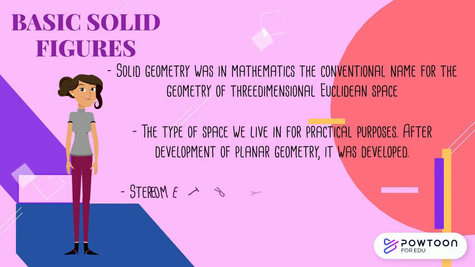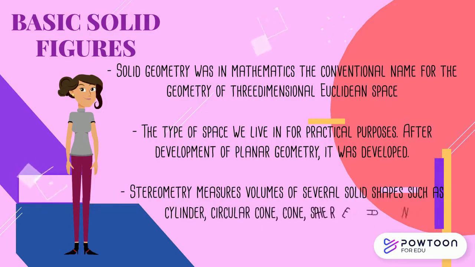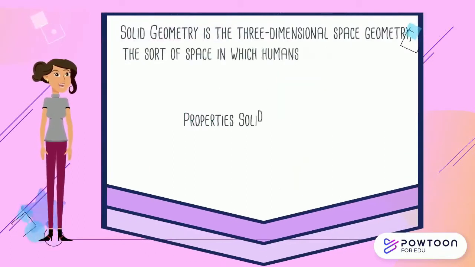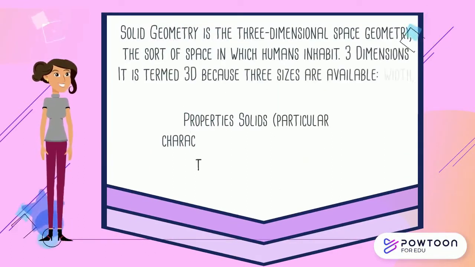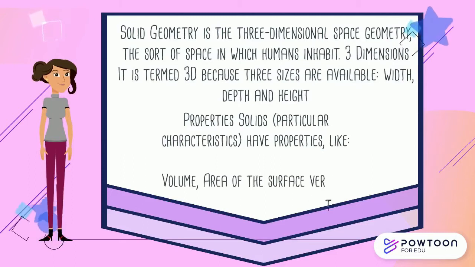Stereometry deals with the measurements of volume of various solid figures, including cylinder, circular cone, truncated cone, sphere, and prism. Then, from solid geometry, there is three-dimensional space geometry, the sort of space we live in. It is called three-dimension or 3D because there are three dimensions of the space that include width, depth, and height.